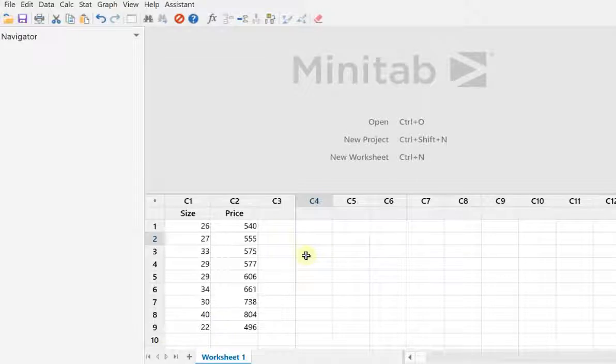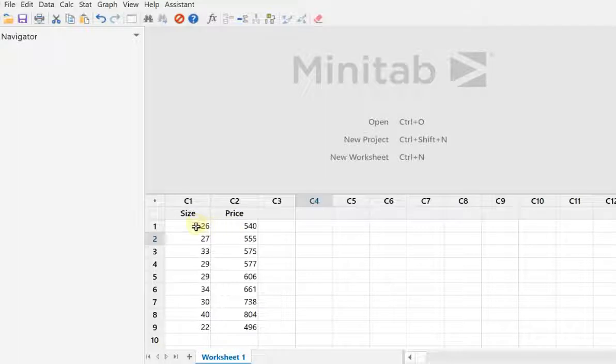Okay, everyone, so I'm back, and here it is. As I promised, I'm into a different screen now. So this is where Minitab is. I went ahead and typed in these sales, size and prices of the homes, and these are the 9 data points. This is what we mean by bivariate data.